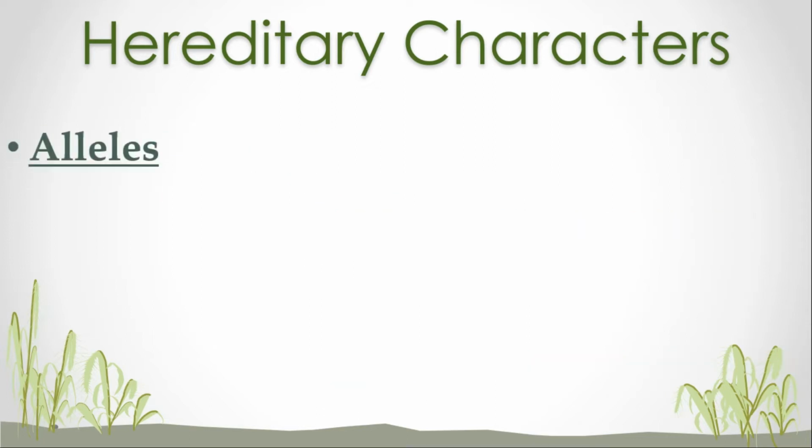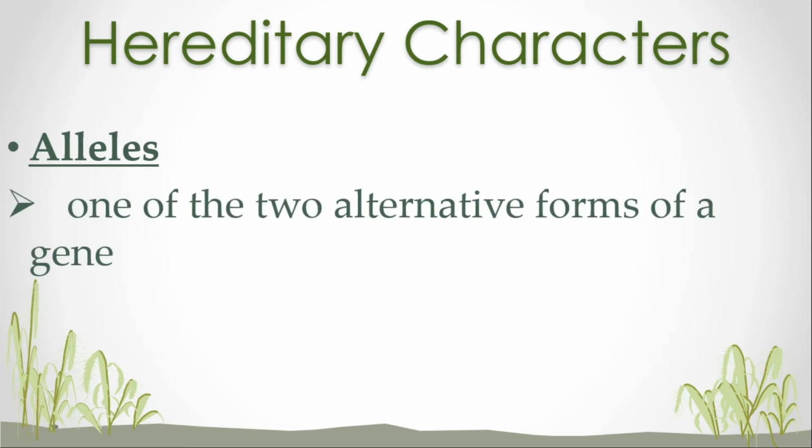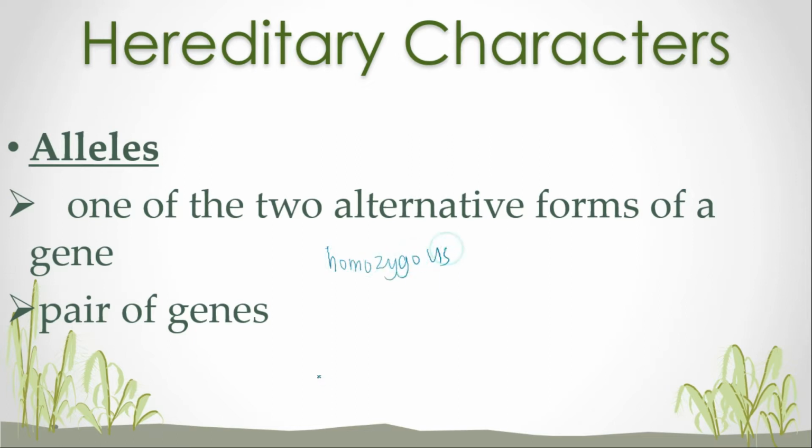Let us talk about alleles. An allele is one of the two alternative forms of a gene. So, it is a pair of genes. There is what we call the homozygous and the heterozygous. When we say homozygous, these are the same, similar.